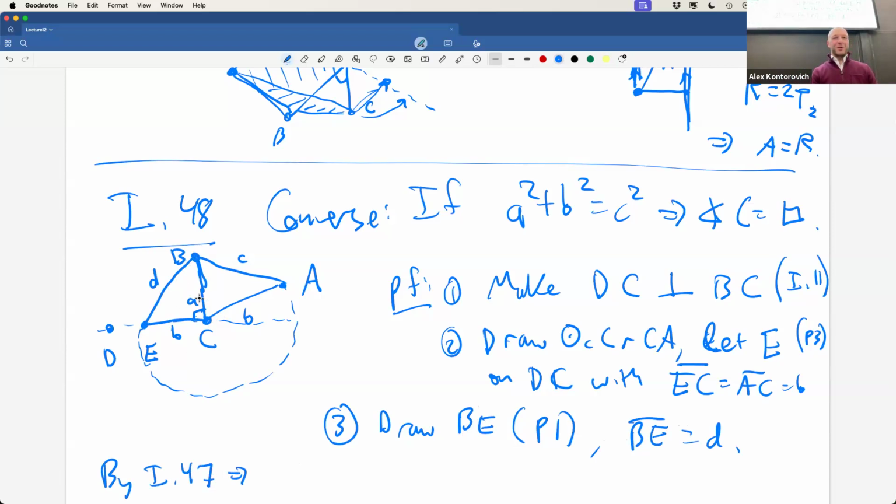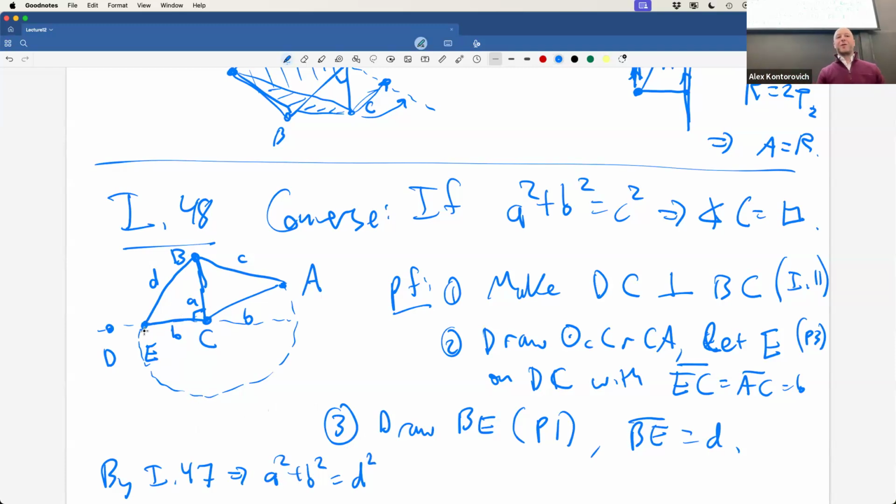It tells us what about this right triangle? Yes, a squared plus b squared is equal to d squared. We have the Pythagorean theorem. That's what I-47 says. I'll write it in modern notation.